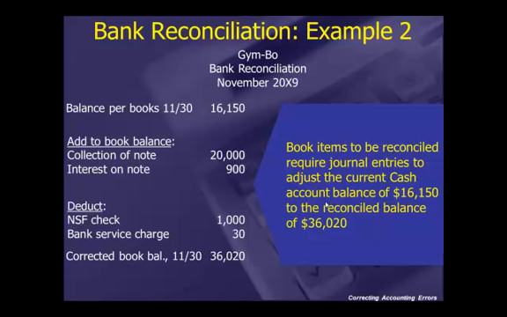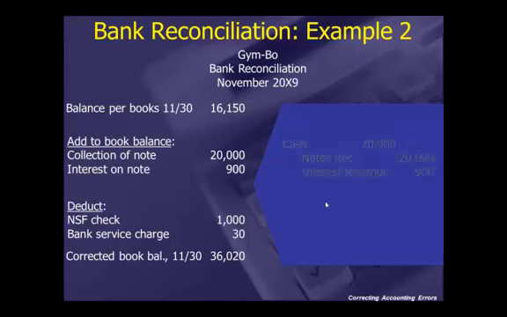We can double rule. Now, the book items to be reconciled require that we make journal entries, because if you recall, look up there, we have a balance for the books in our general ledger cash and bank account of $16,150. So we need to make these journal entry adjustments so that we'll wind up with a $36,020 balance.